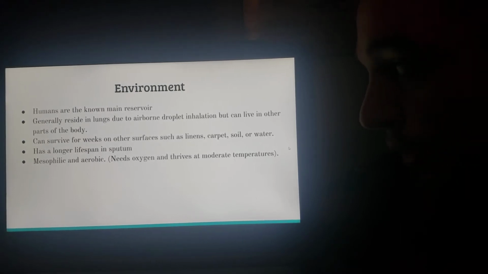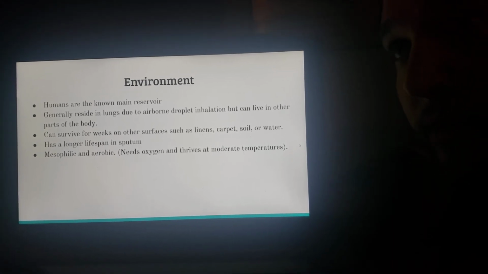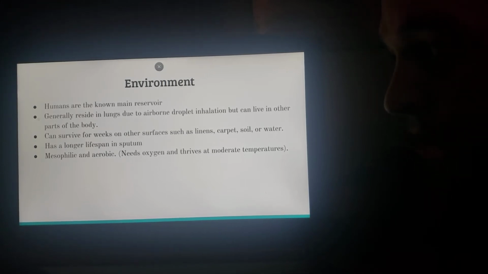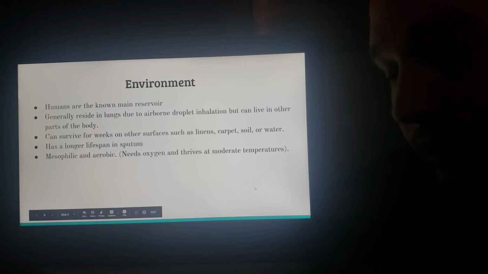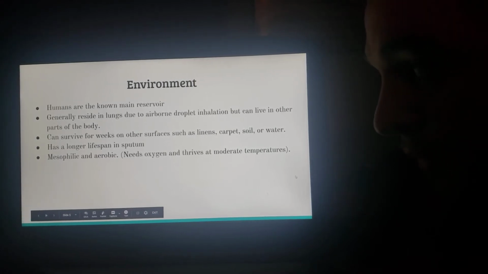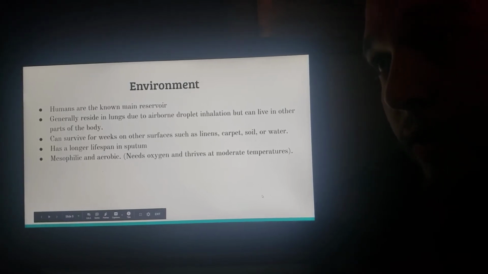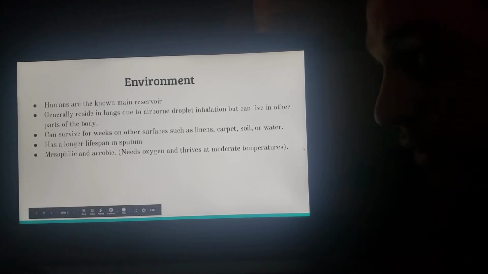It can survive for weeks on other surfaces, such as linens, carpets, soil, and water, which is what makes it more of a problem. It has a longer lifespan in our sputum than on a different surface, and it's mesophilic and aerobic, so it needs oxygen to grow and live, and it thrives best at moderate temperatures.